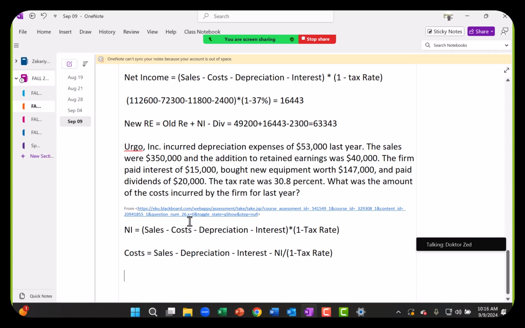How do I figure net income? Change in retained earnings plus dividends, which is 40,000 plus 20,000.